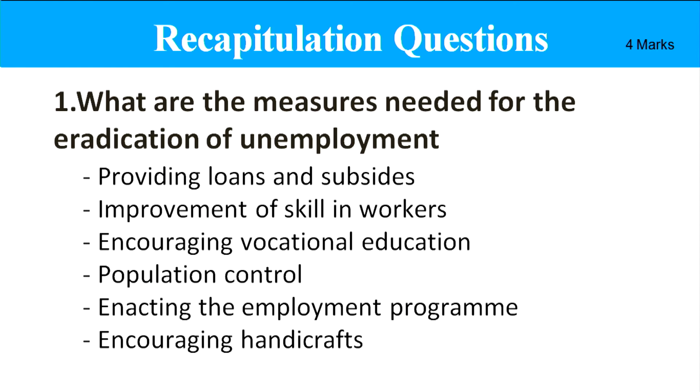The first point of this question: providing loans and subsidies, improvement of skill in workers, encouraging vocational education, population control, enacting the employment program and encouraging handicrafts. These are some important measures taken by the government for the eradication of unemployment in our country. This is the most important question, children.